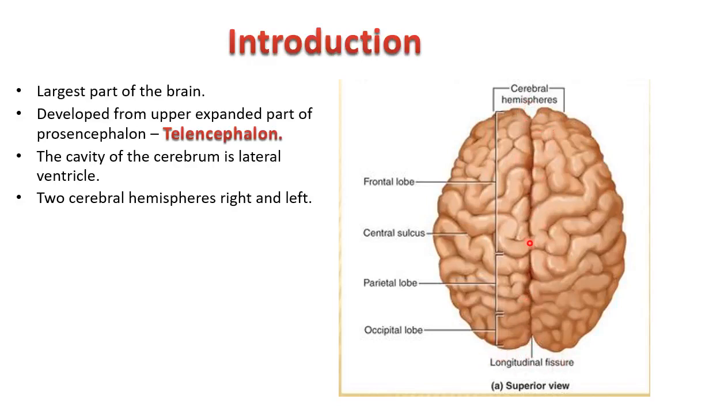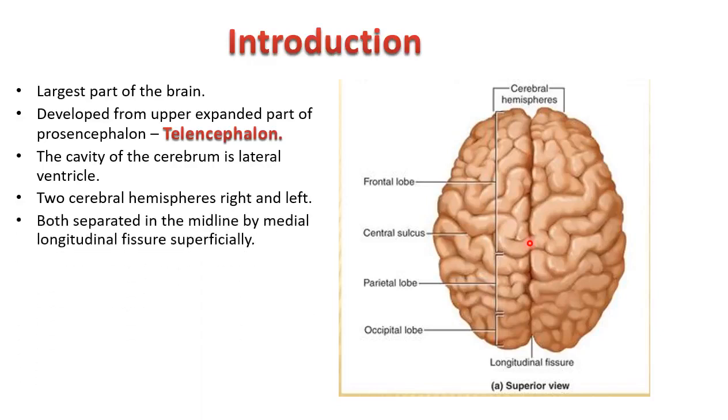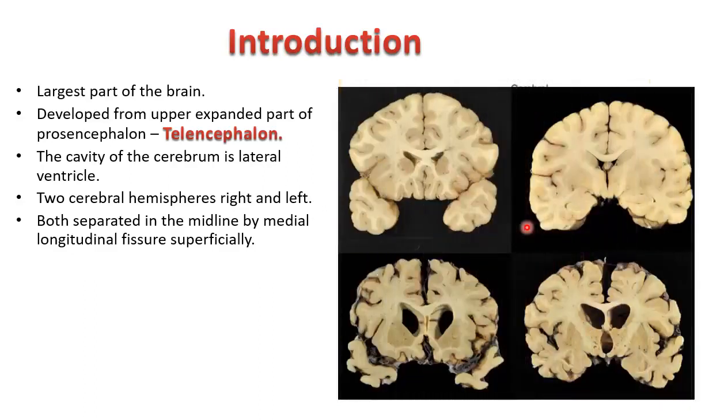If you go into the depth of this fissure, you will see that they are both connected by the corpus callosum. You are able to see a band of white matter running between the two cerebral cortices, and that is called the corpus callosum.